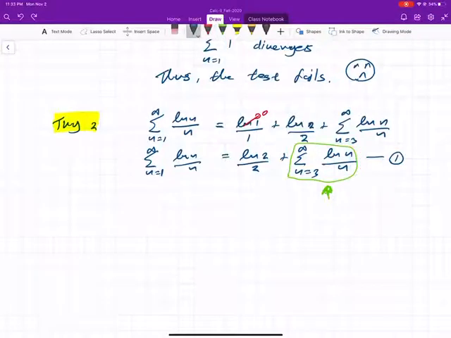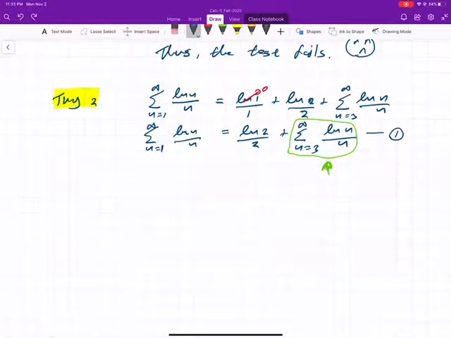So you know this fact: ln 3 is greater than 1.